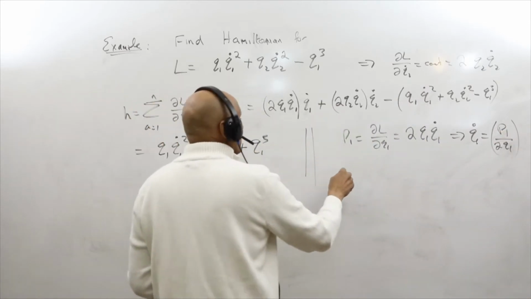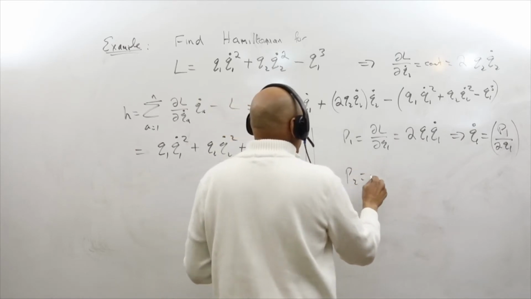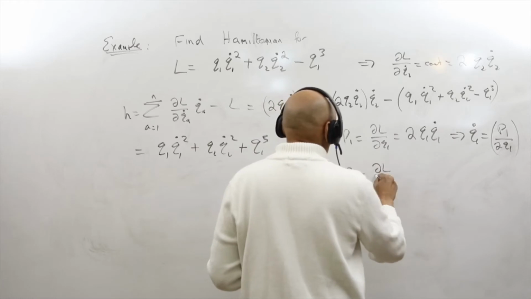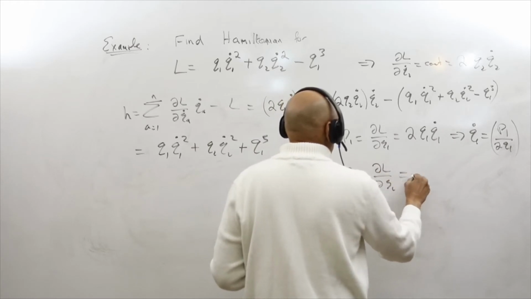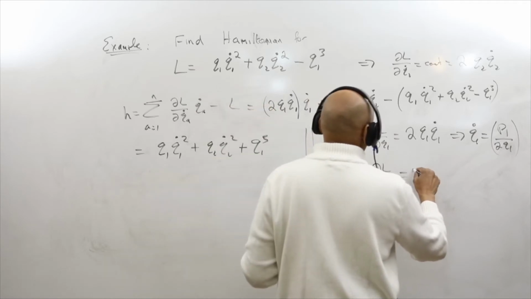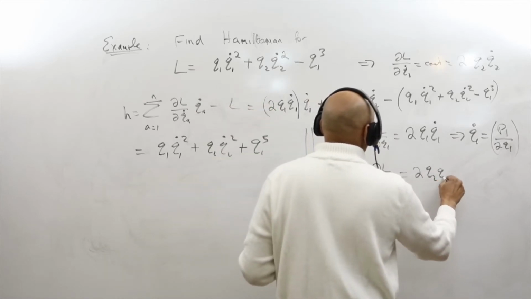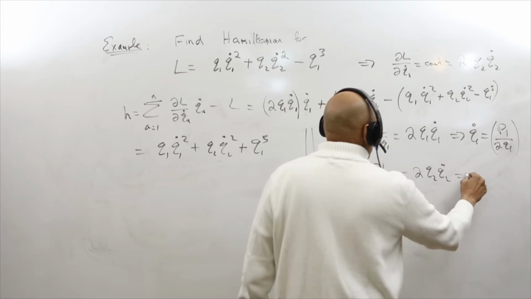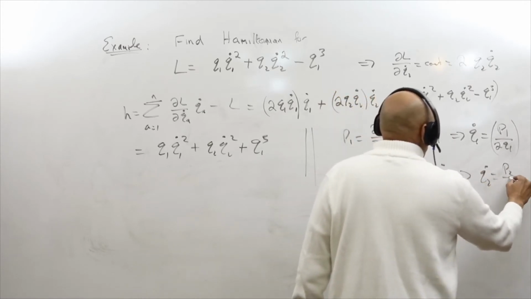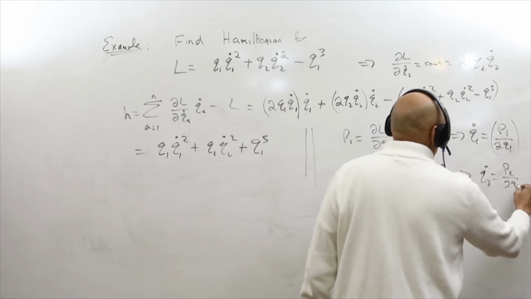Similarly, the conjugate momentum P2 of the conjugate variable Q2 is equal to the partial of L with respect to Q2 dot. And that's equal to, looking at the Lagrangian again, 2Q2 dot, which means that Q2 dot is equal to P2 over 2.